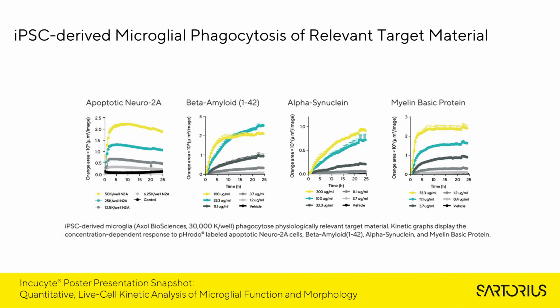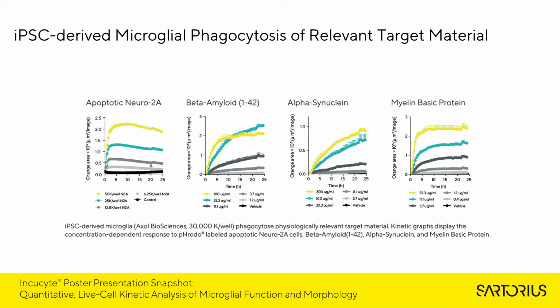Next, we'll look at iPSC-derived microglia in terms of assessing their ability to efferocytose apoptotic neuro 2A cells or also phagocytose other physiologically relevant target material. In this case, we're looking at kinetic graphs displaying the concentration-dependent response to either pHrodo-labeled apoptotic neuro 2A cells, beta amyloid, alpha-synuclein, and myelin basic protein.